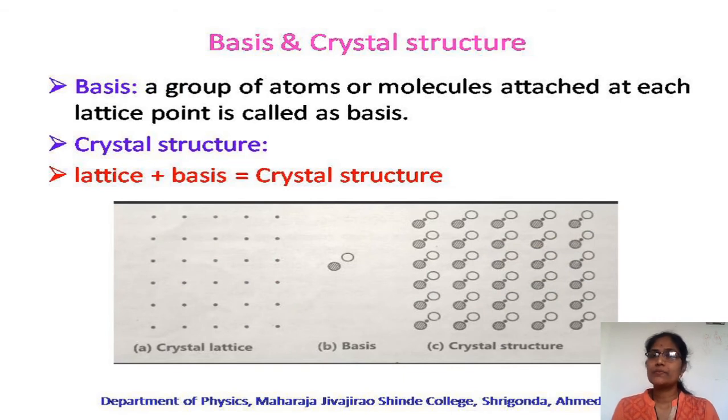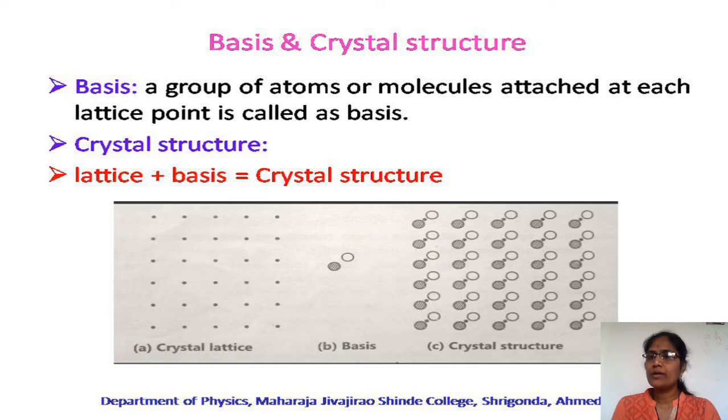Now, what is basis and what is crystal structure? Suppose I want to draw the crystal structure of copper. Then, as I want a solid structure, I have to place the atoms in a periodic way. Then how to maintain the periodicity?